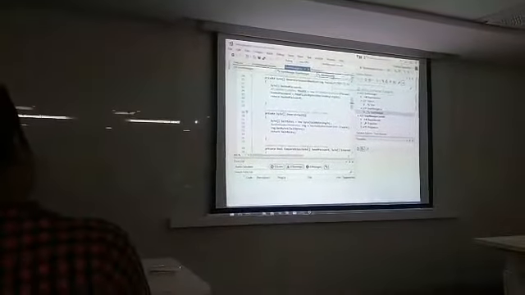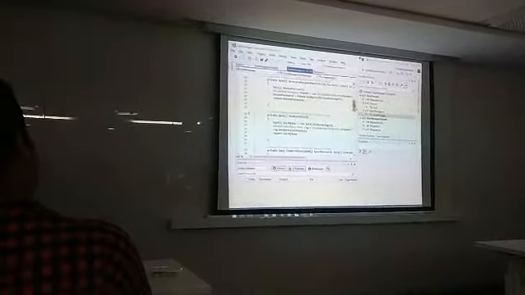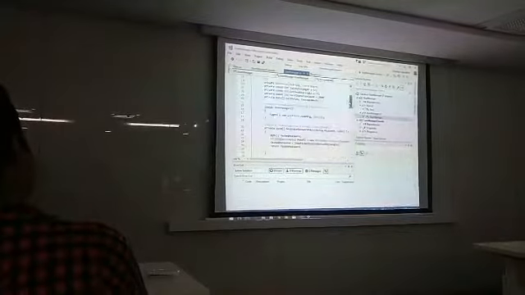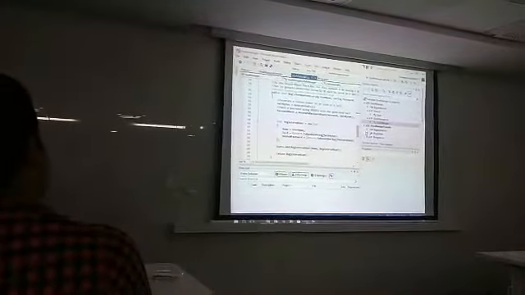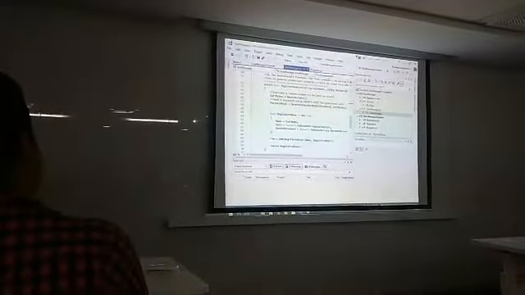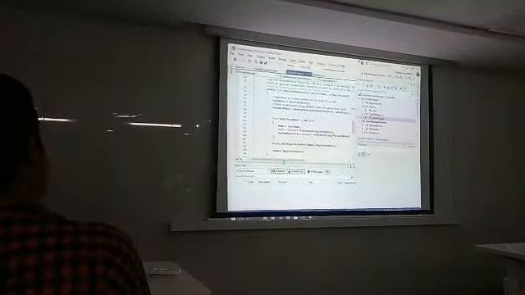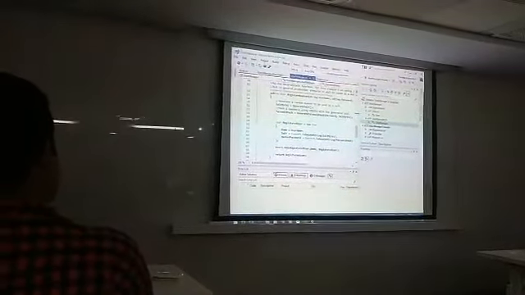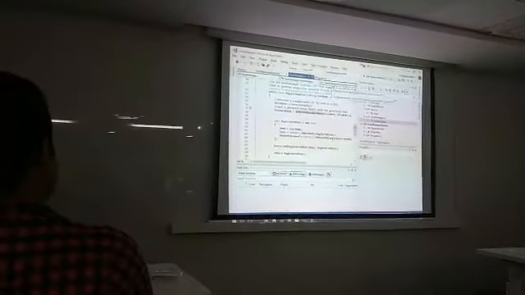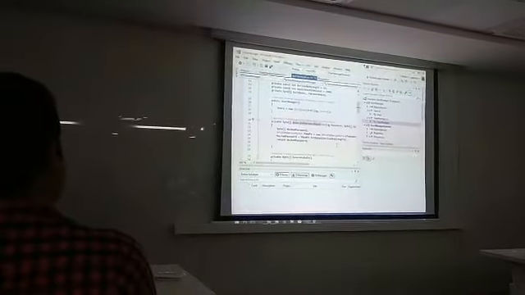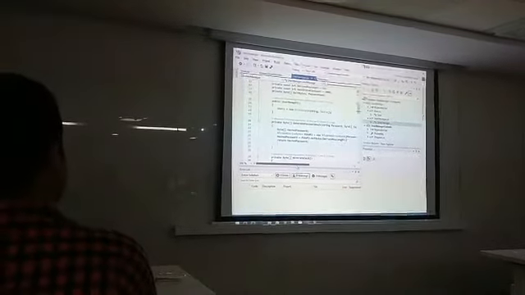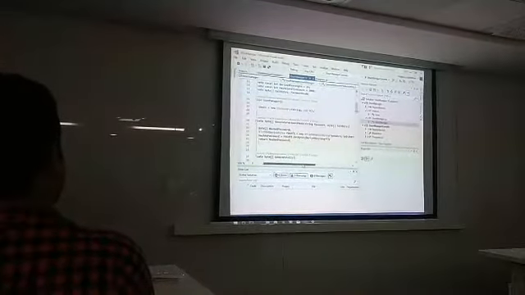I'm getting the salt out of it. And once I get the salt, I'm then hashing the password with the salt. What I'm passing to this function is both the password and the salt, right?